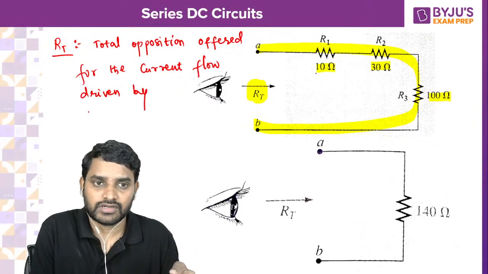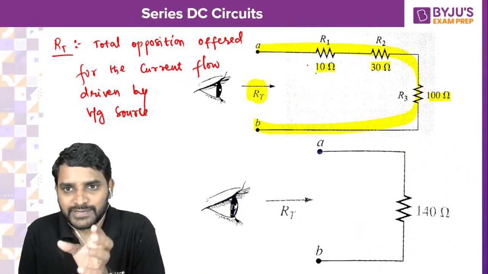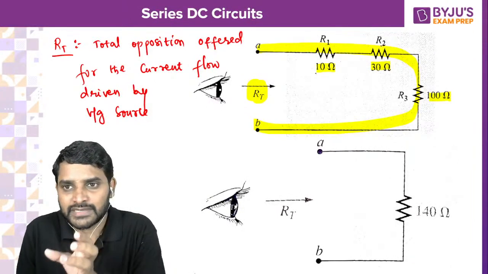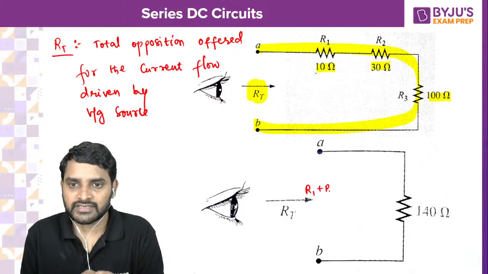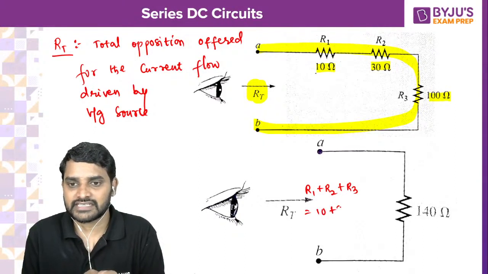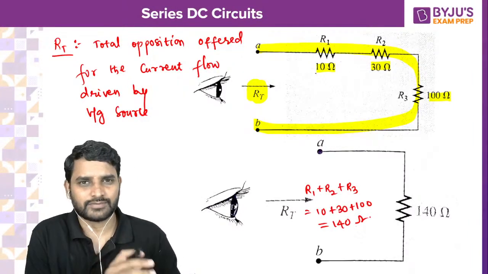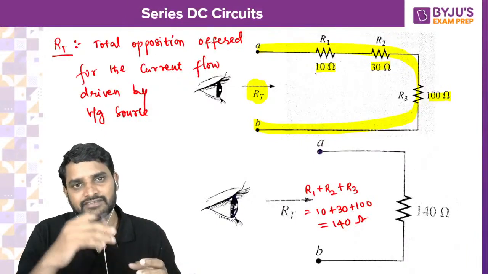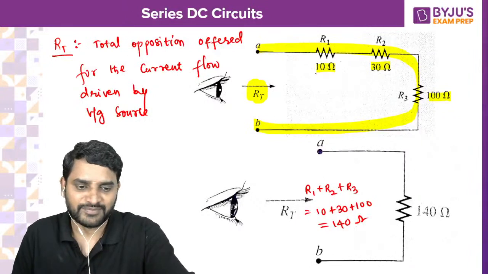So how do you calculate it? Simply R1 plus R2 plus R3. So the total resistance is R1 plus R2 plus R3, which is 10 plus 30 plus 100, so you are going to get 140 ohms. All right, this is so simple. I'm starting from the very basics, then we'll move on to the questions. So try to have some patience.